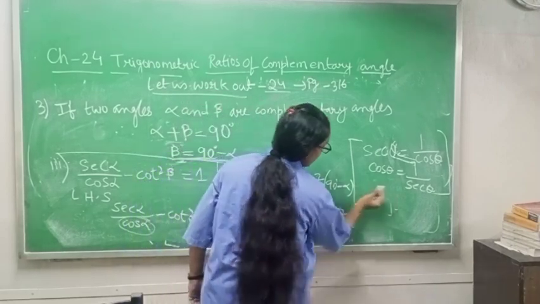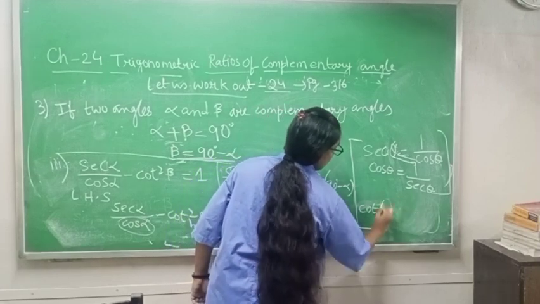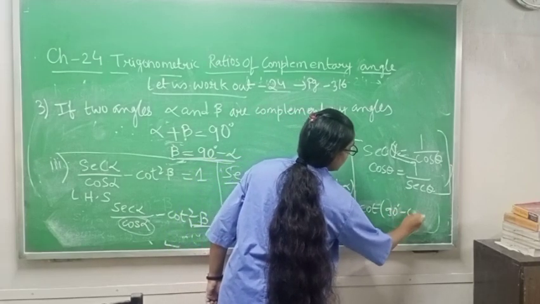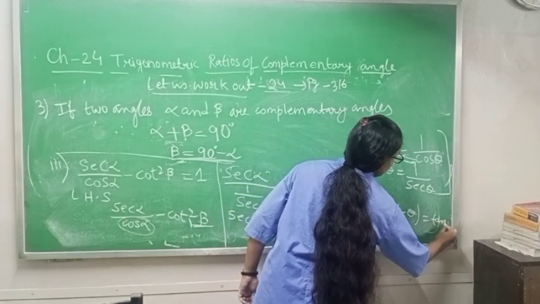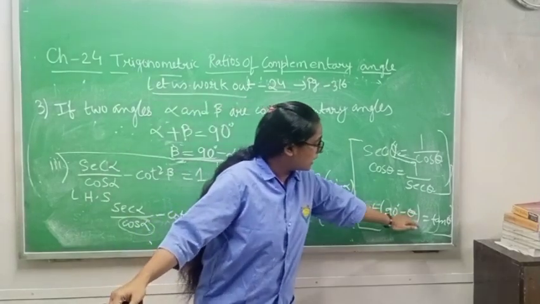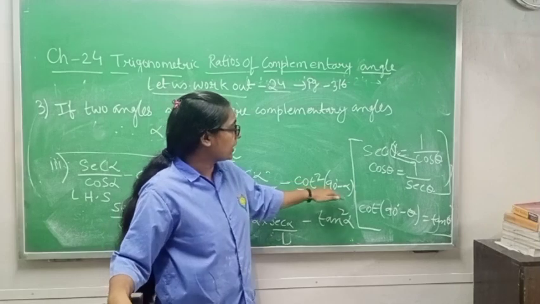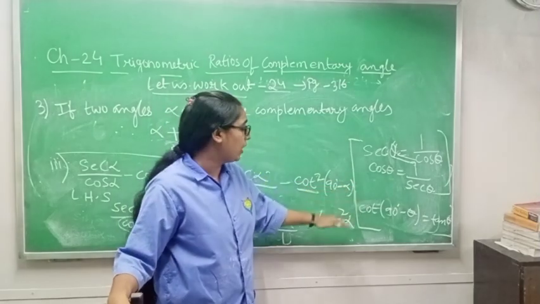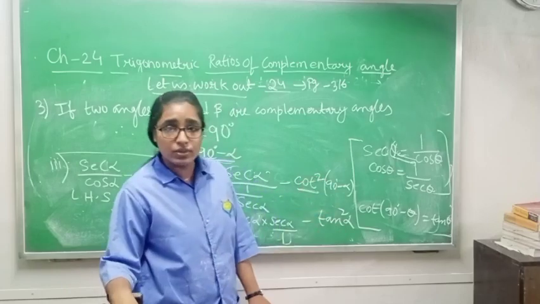Because again in the reason you will write, cot of 90 degree minus theta will give you what? Tan theta. Understood? Cot 90 degree minus theta gives tan theta. So in place of cot 90 degree minus theta, where theta is alpha, you can write tan alpha, and since you have square you have to give square.